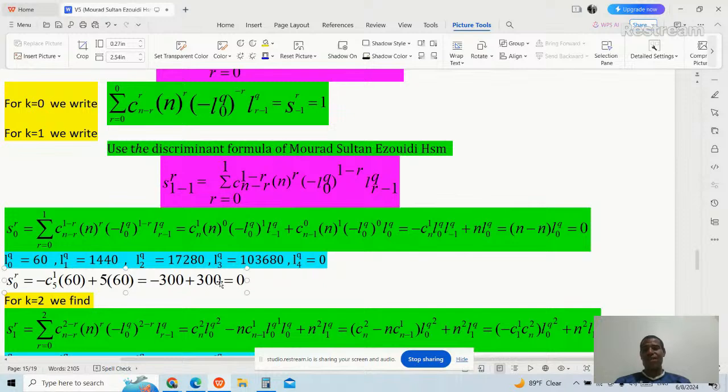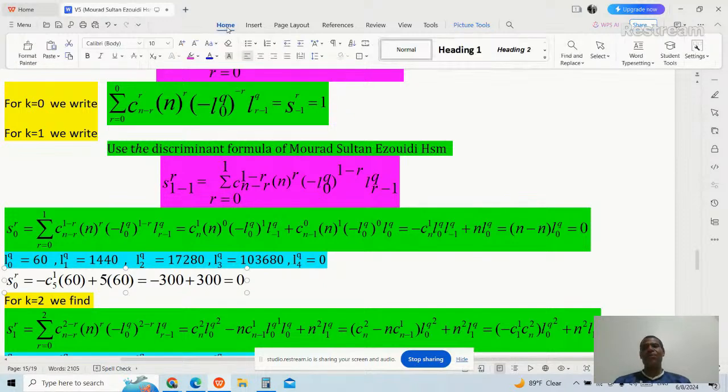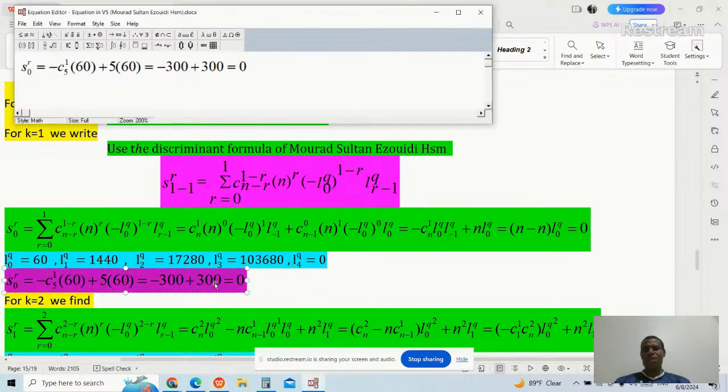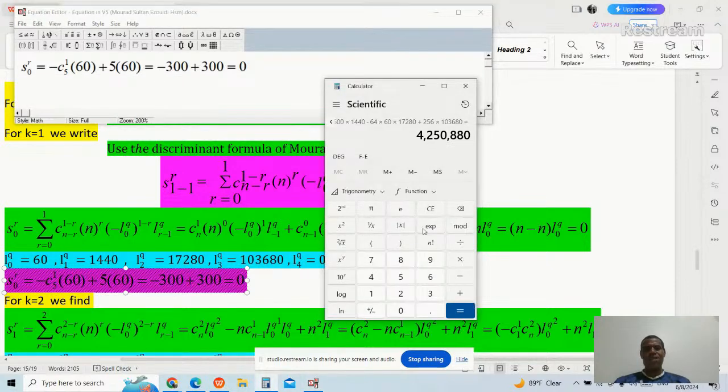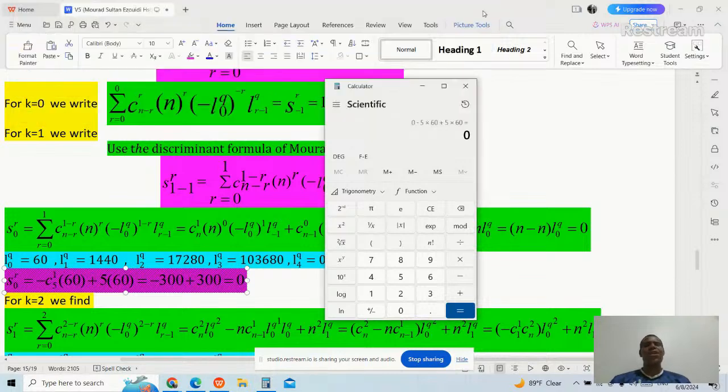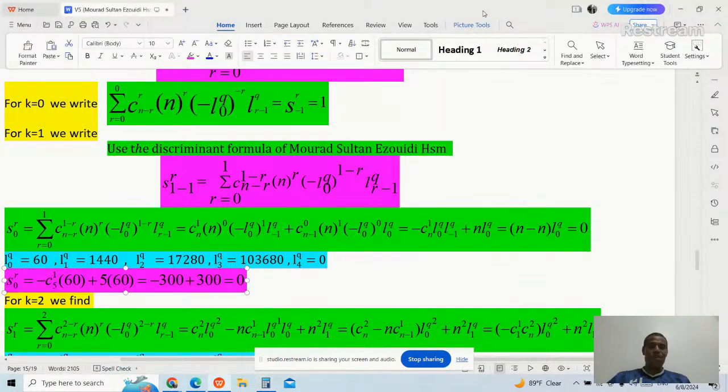If you want to practice it on your own calculator, do this as your teacher Mourad Sultan is doing now. I replace the combination 5 choose 1, which is 5, with the negative sign, times L_0, plus 5 multiplied by L_0. So this is equal to 0. Therefore, the value of S_0 is 0 for any polynomial to the power n. This is known by you now.